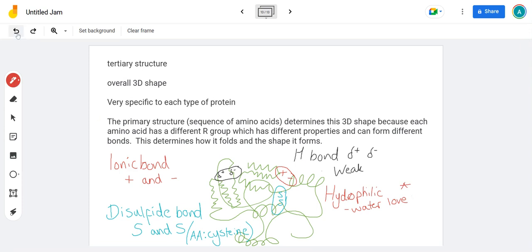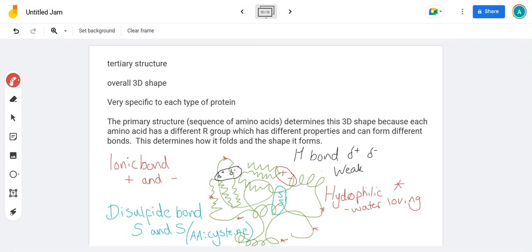If we mark these groups with a star, they're going to always go to the edge of the molecule. So our groups that are hydrophilic are going to be moving to the edge of the protein where there's water.